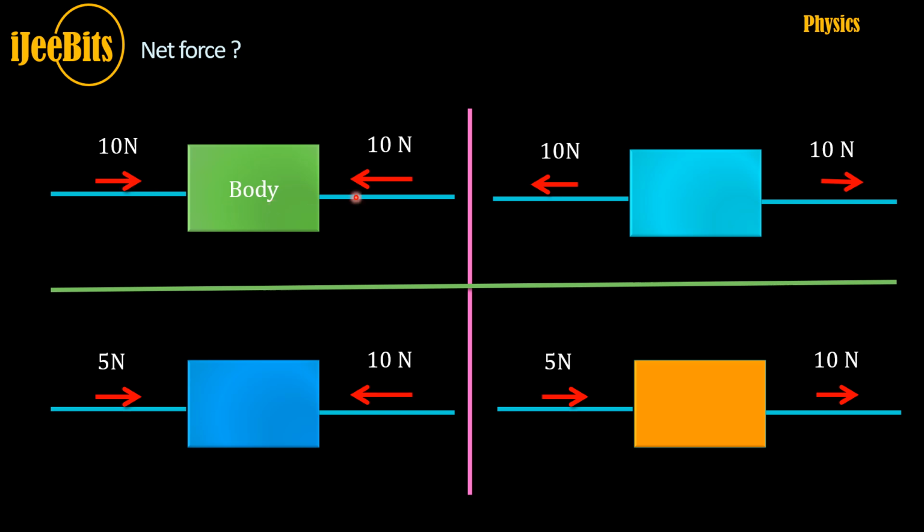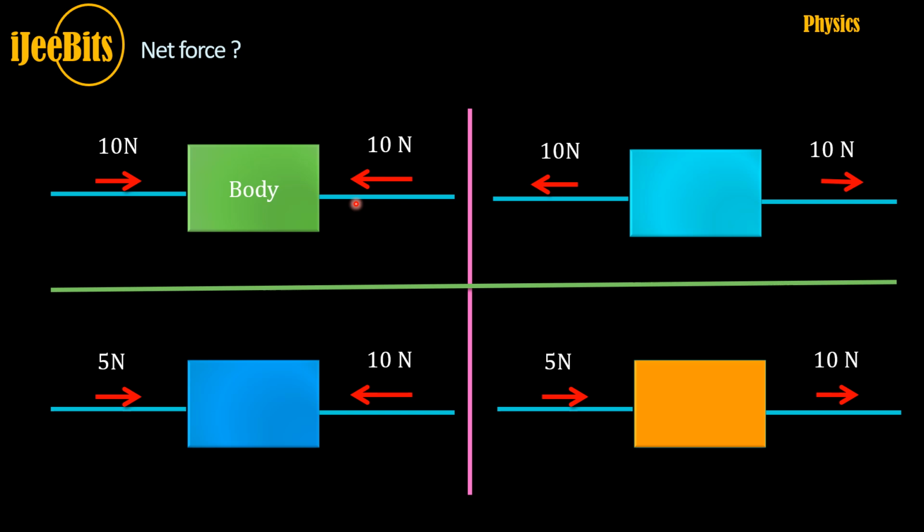Since both are in opposite directions, if one is a positive direction, the other would be the negative direction. Towards the right would be positive, and towards the left would be negative. Let's assume the case like that.